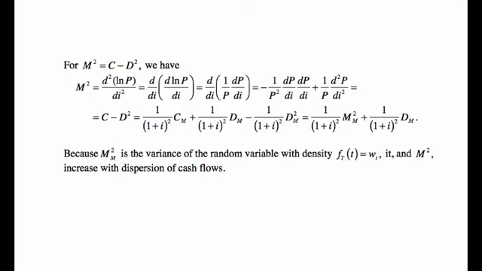And if we do all the calculation, we'll see that this is equal to 1 over 1 plus I squared times Macaulay M squared plus 1 over 1 plus I squared times Macaulay duration. Now, because Macaulay M squared is the variance of the random variable with the density that we artificially defined, it, and M squared, as a result, increase with dispersion of cash flows. Notice that.